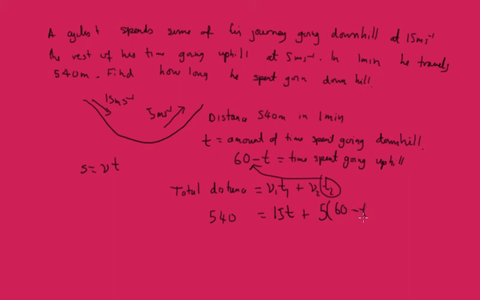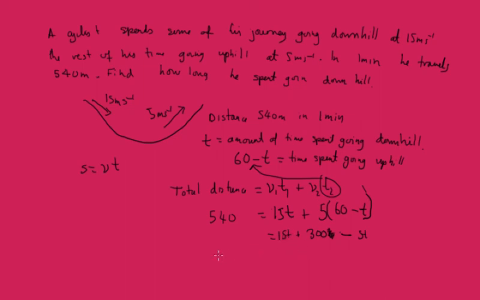Because what we're trying to do is create a formula that's only got one variable. When we've got one variable, we can solve it. So let's expand the bracket. 5 times 60 is 300, minus 5T.